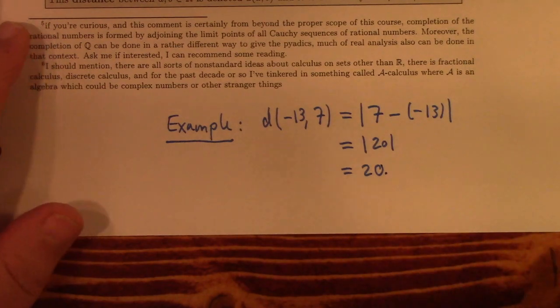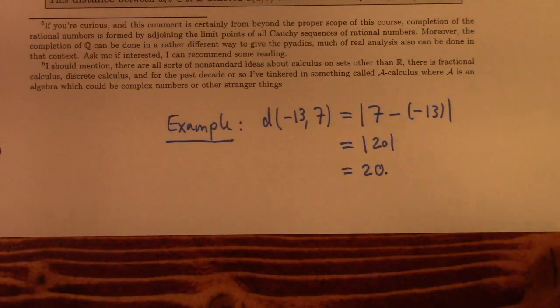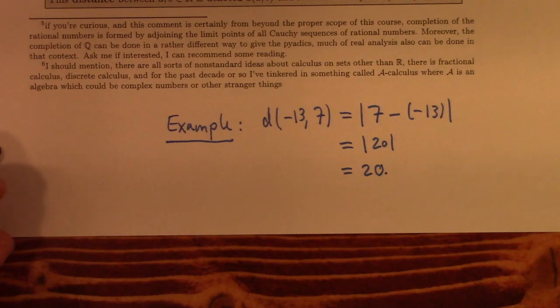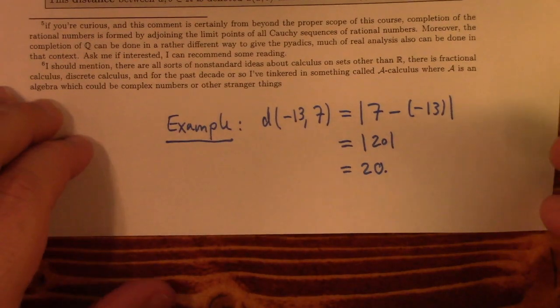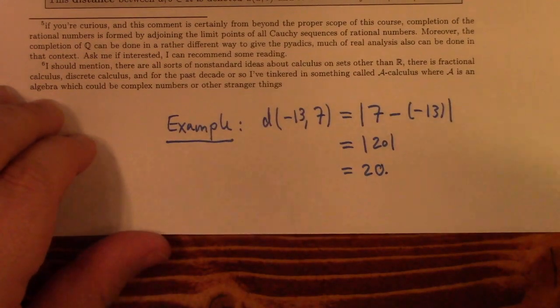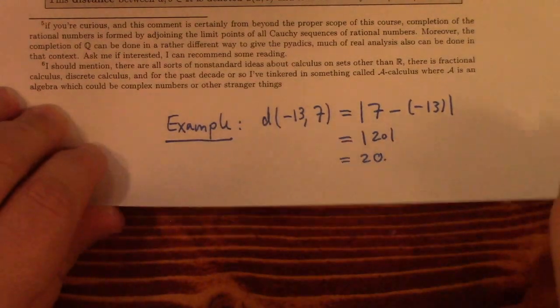There are 20 units between minus 13 and 7, because you go 13 to get to 0, and then another 7 to get to 7, if we think about the journey on the number line.